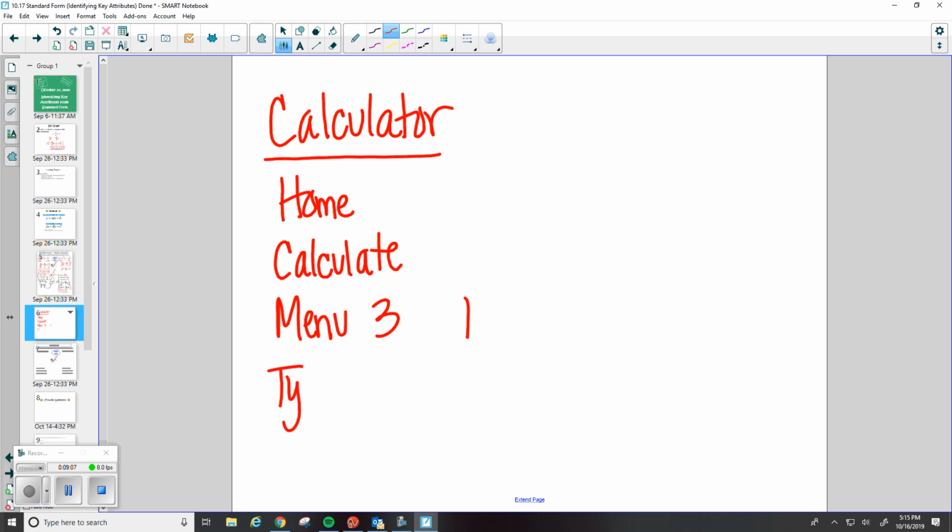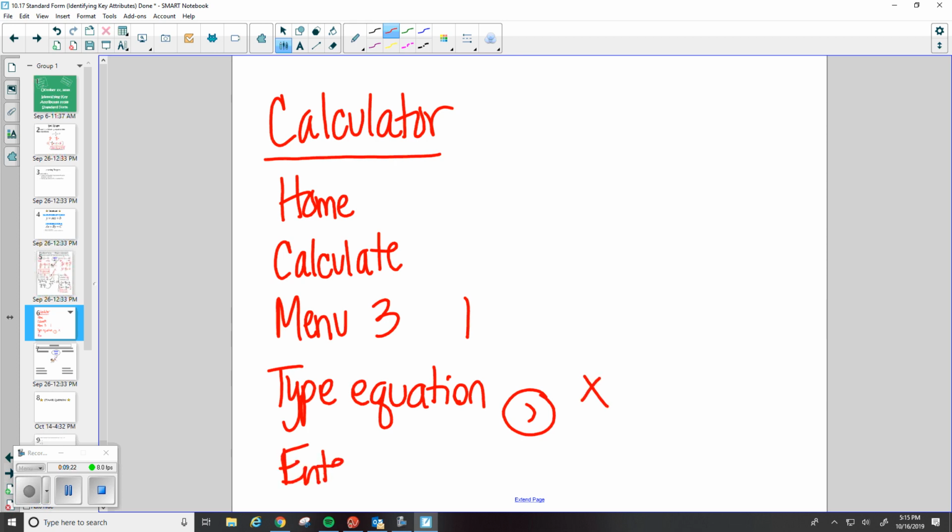Then you will type the equation exactly how you see it, and then put a little comma. So you have to make sure you add the comma and the x and hit enter. And then the calculator will actually solve the problem for you. So if you want that, you can use that. If you're using the TI Inspire, that can help you out to solve that last problem.